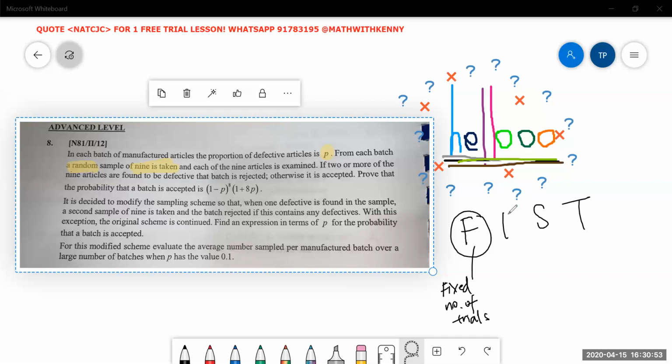Fixed number of trials. Okay. What is I? Independent. It should be on either the first or second page of your binomial lecture notes. 100% it is there: the characteristics of a binomial distribution.